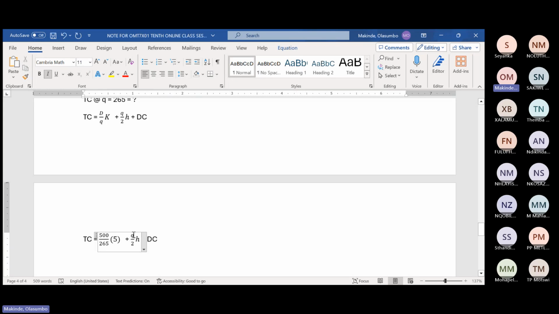Then Q over 2, which is 265 divided by 2, times H. H is the holding cost per unit per year, which is 0.08.